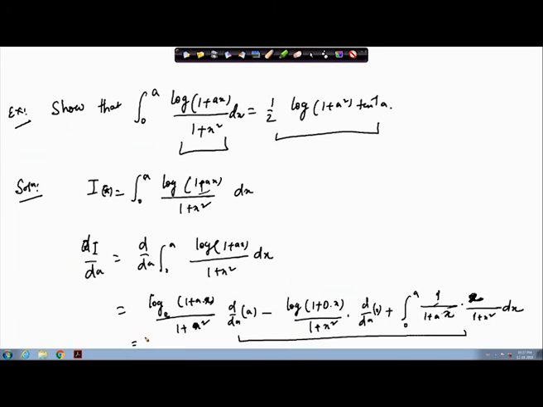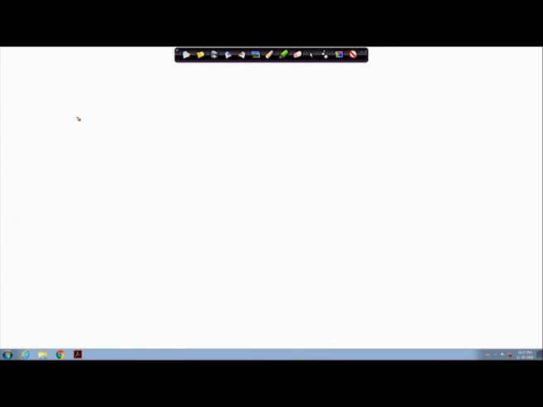So let me go to the next page. So we will basically obtain an ODE of the following type. So the ODE will look like dI/da equals 1 by 2 times (1 + a²) log of (1 + a²) plus a tan inverse a by (1 + a²). So this is the required ordinary differential equation that we will obtain.